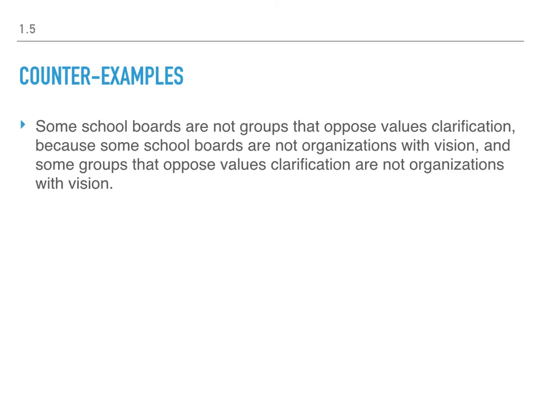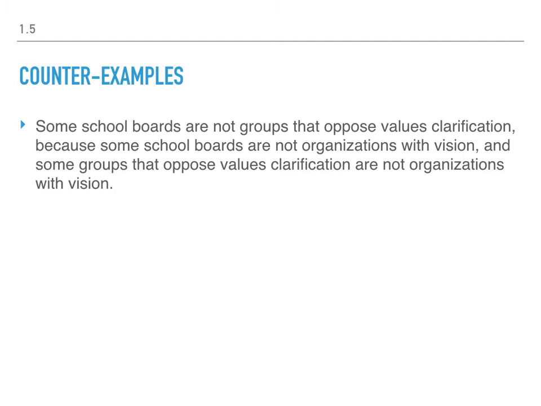So here is another categorical syllogism. Some school boards are not groups that oppose values clarification because some school boards are not organizations with vision, and some groups that oppose values clarification are not organizations with vision. Okay, so we see again, this is kind of standard practice.